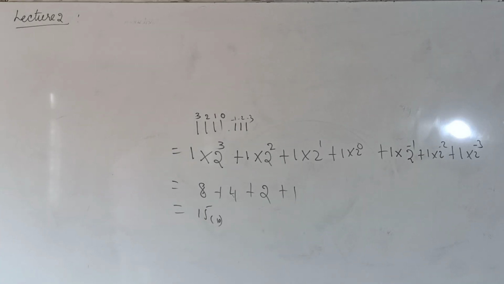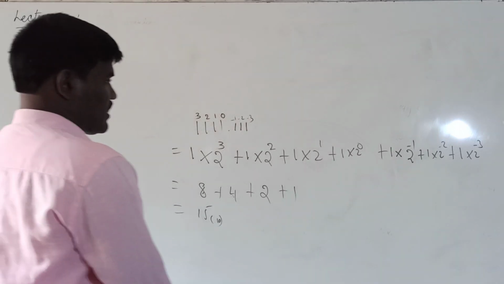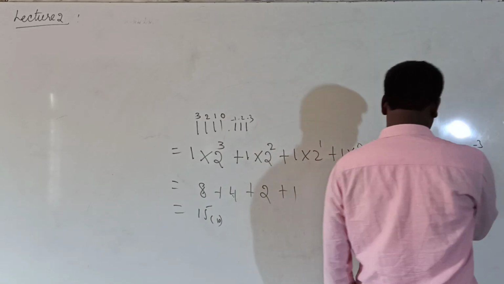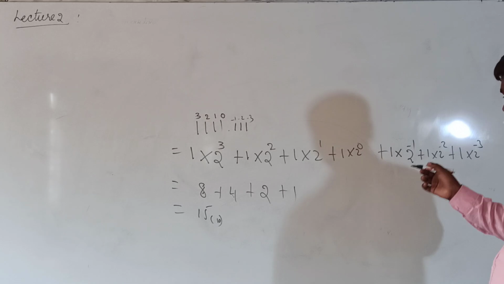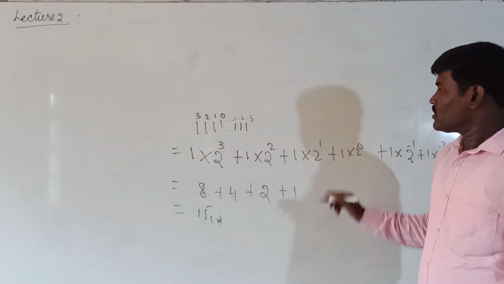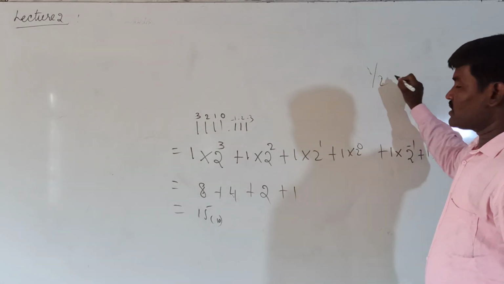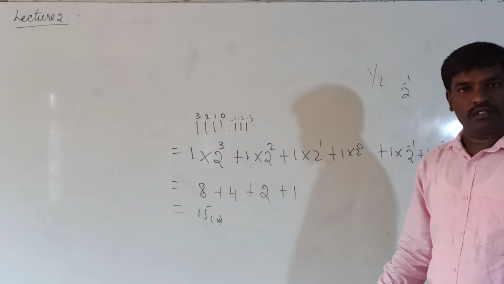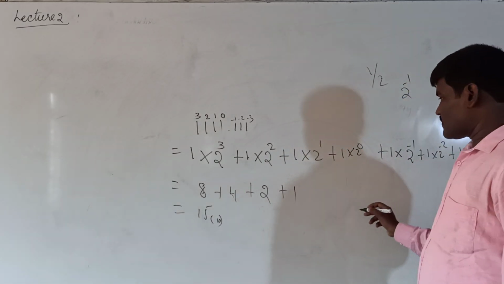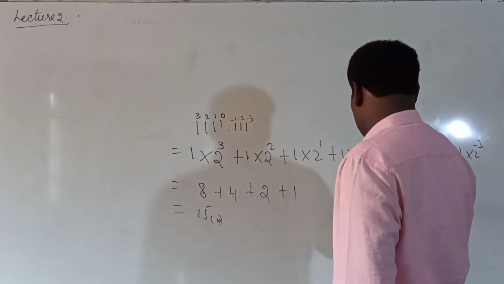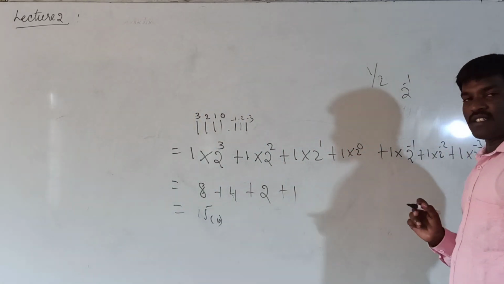Then how to solve 2 to the power of minus 1? It is equivalent to 1 by 2. Here 1 by 2 means 2 to the power of minus 1. Its value is 1 by 2.